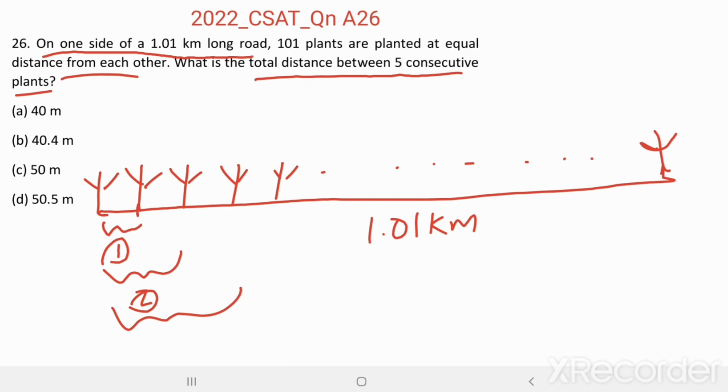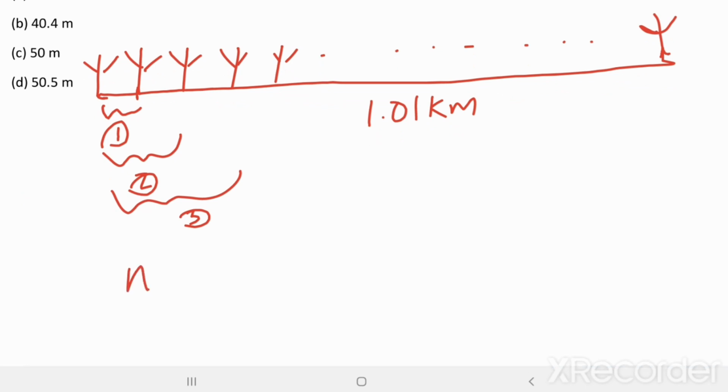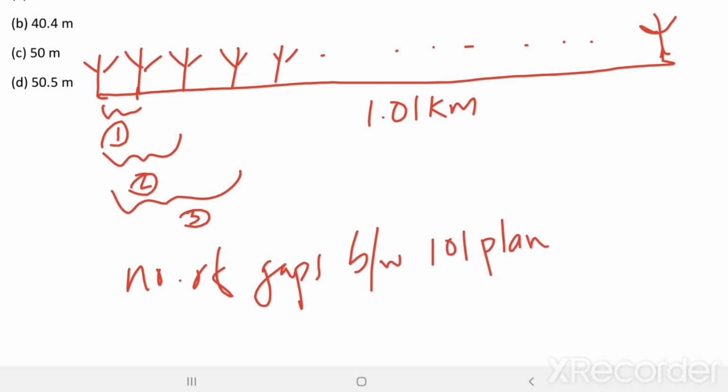Number of gaps between 4 adjacent plants equal to 3. Likewise, number of gaps between 101 plants equal to 101 minus 1, 100. There will be 100 gaps. So we need to find value of one gap.